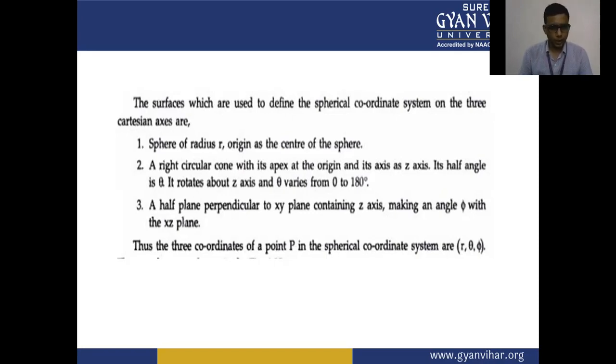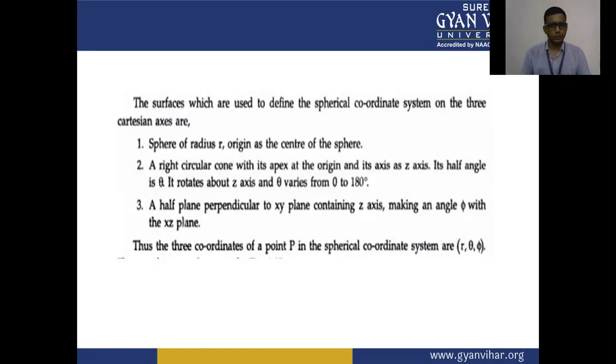It rotates about the z-axis, and theta varies from 0 to 180 degrees. And a half plane perpendicular to the xy plane containing the z-axis, making an angle phi with the xz plane. Thus, the three coordinates of a point P in the spherical coordinate system are r, theta, phi.